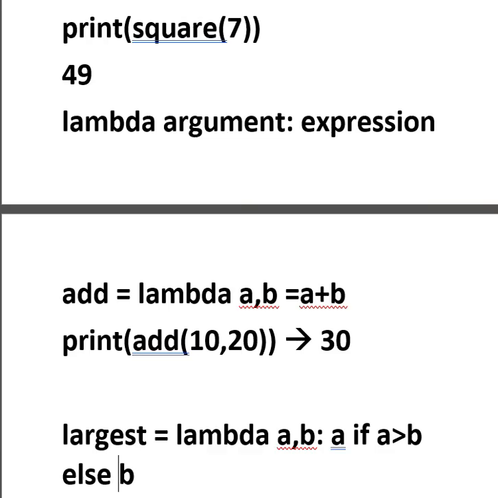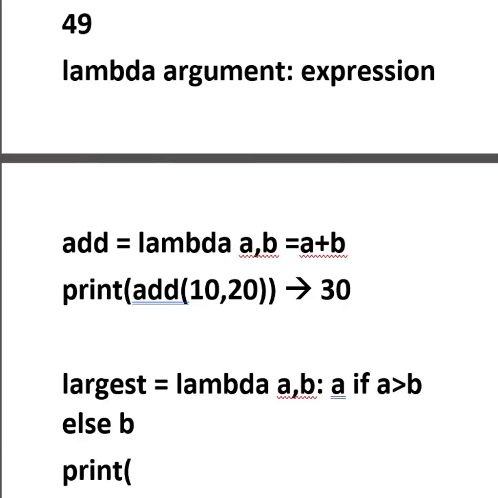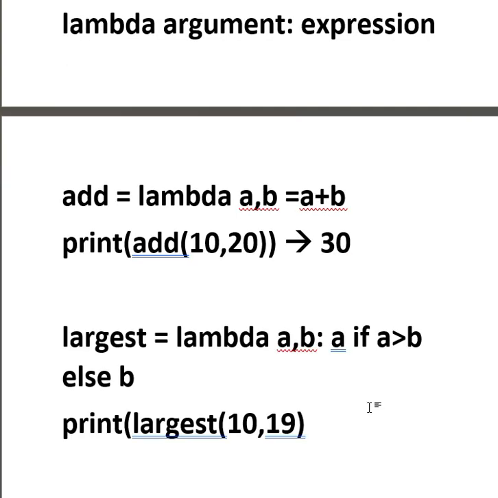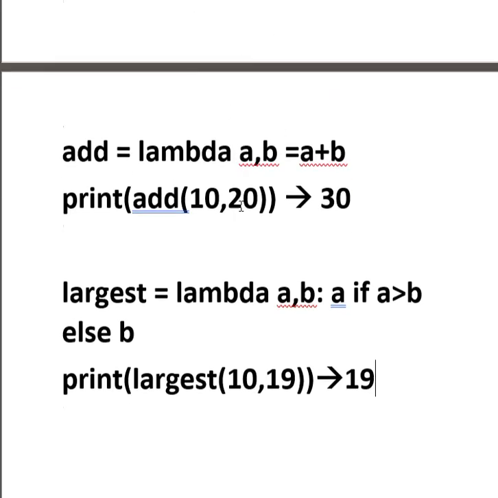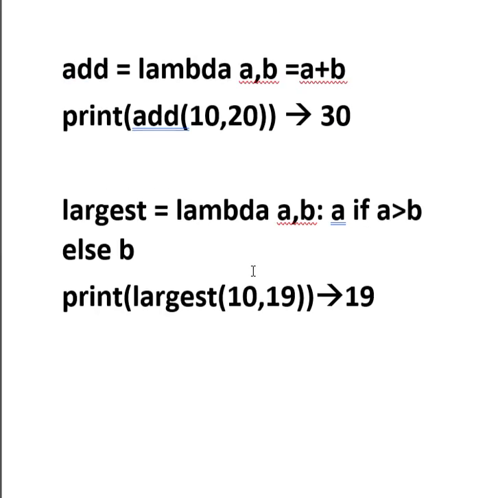I don't have any space, so I come to the next line, and then we need to print it. Print largest of 10 comma 19. Which one is the largest number? The output will be 19.